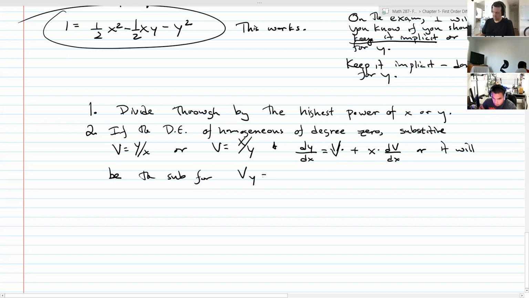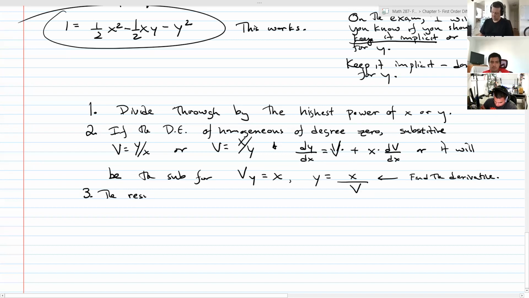For vy equals x, basically that's going to be y equals x over v. And so what you just do is you find the derivative of that. So we do that substitution, and the result will be separable.